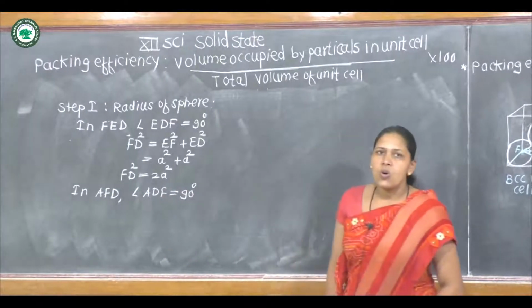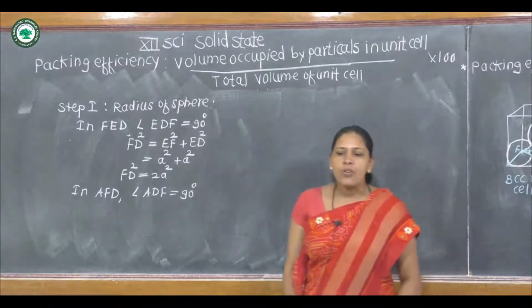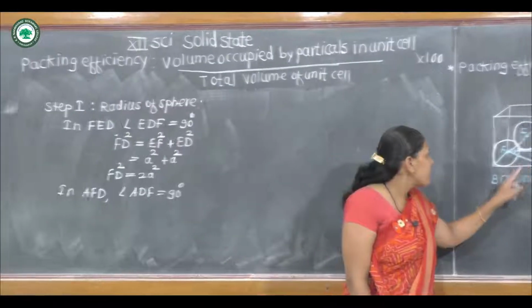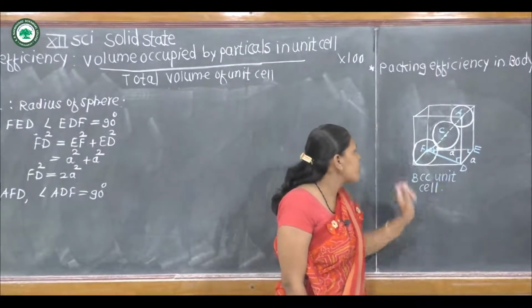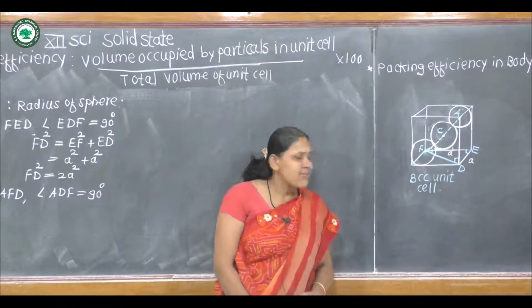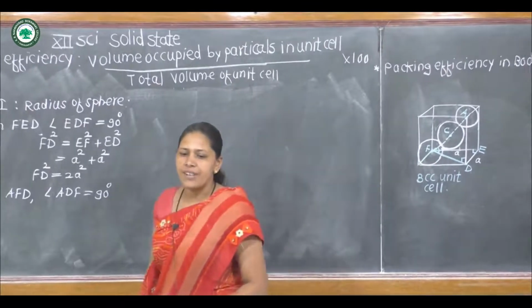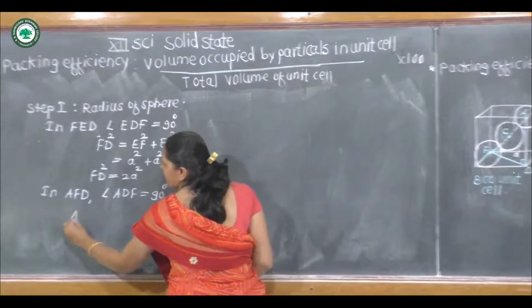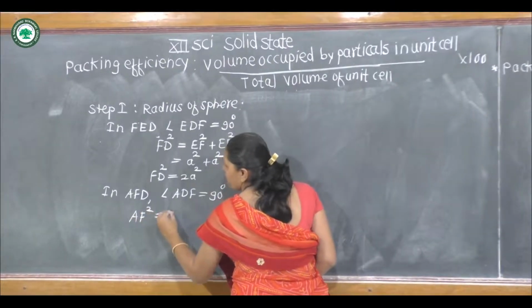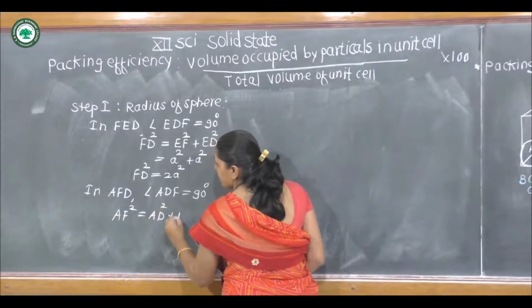Therefore, here also by applying Pythagoras theorem, AF square is equal to AD square plus FD square.